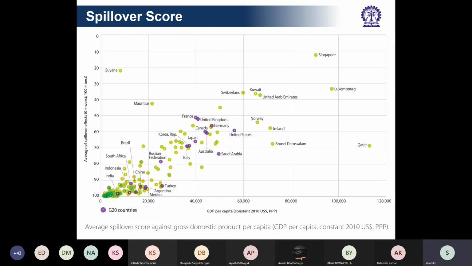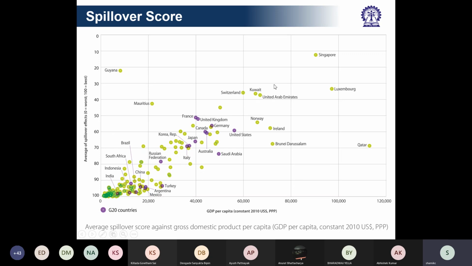So when we look into the spillover score of various nations, we see that many of the countries like India, China, Argentina, Mexico, Turkey, Indonesia, and so on, they have a good spillover score compared to many developed countries like the United States, Qatar, Luxembourg, United Arab Emirates, Singapore, Kuwait, Switzerland, and so on.